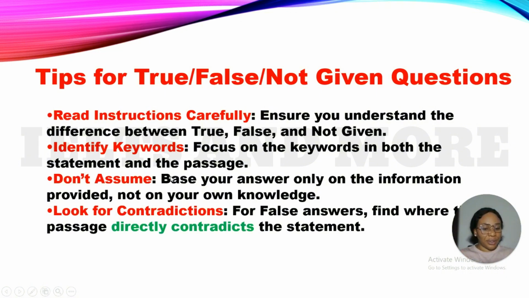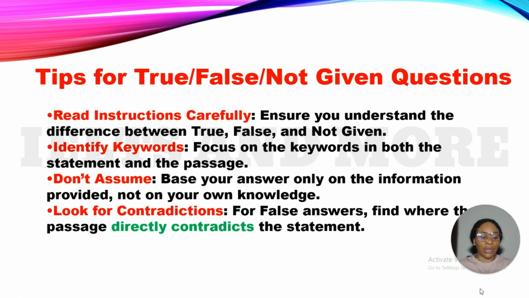Look for contradictions. For false answers, find where the passage directly contradicts the statements. Directly contradicts. So, before you pick an answer as false, like I said before, that information would be in the passage. But the problem is something about it will be contradictory.